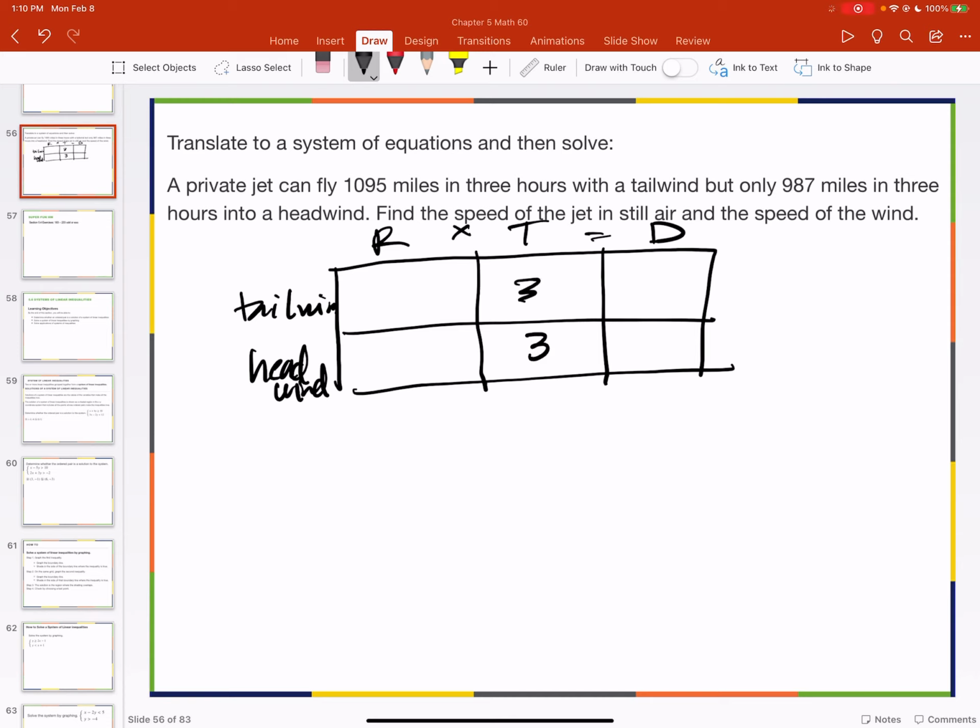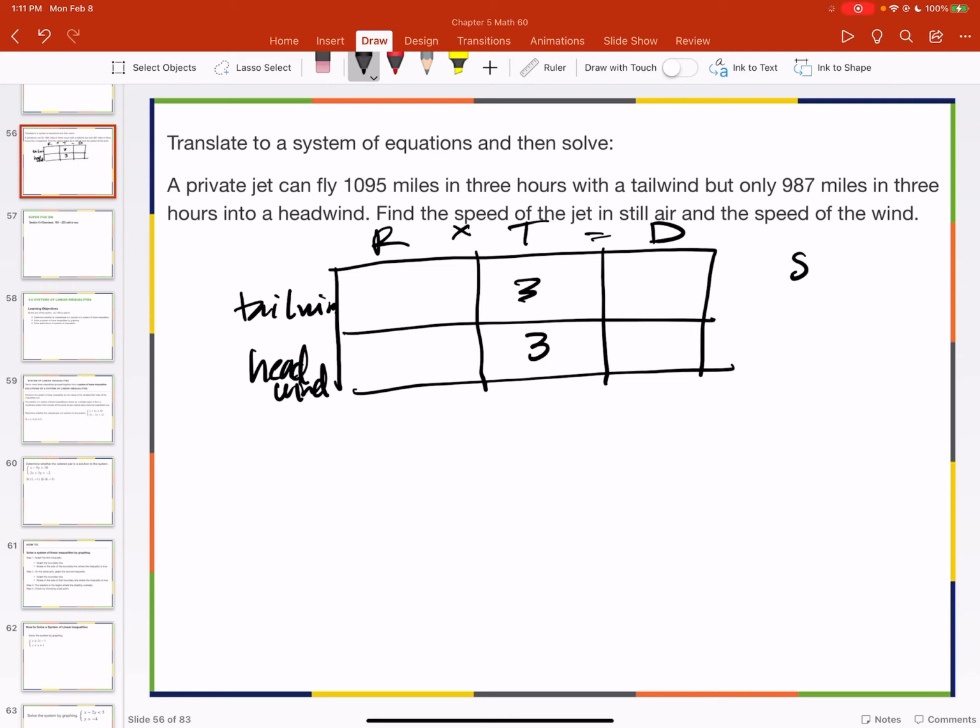And it says here they can fly 1,095 miles in 3 hours with the tailwind. So the rate is going to be the speed of the jet in still air and the speed of the wind.